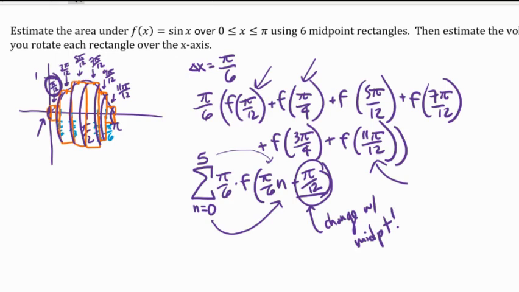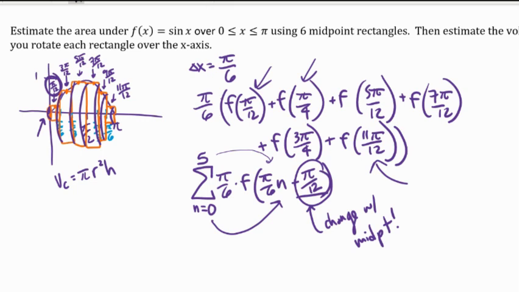So you can see what we end up with is a bunch of cylinders being added up. We're going to have 6 cylinders. And remember that the volume of a cylinder is pi r squared h. So the height of each cylinder in this case is the same.